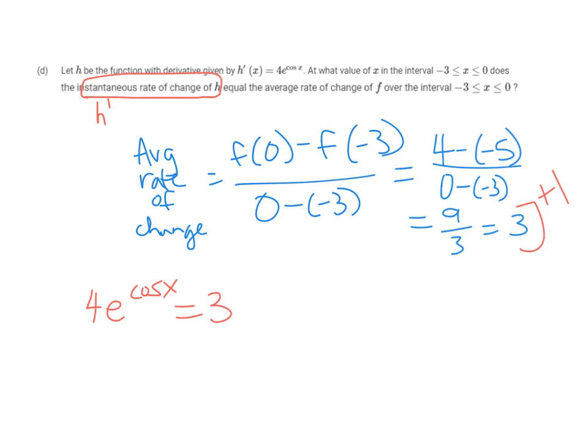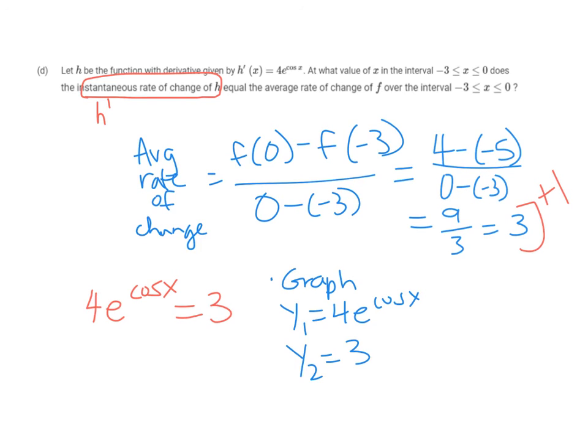So my recommendation is going to be to graph each of the two sides of the equation. In y1, you're going to want to put 4e to the cosine x. In y2, you're going to want to put 3, which is just going to be a straight horizontal line.